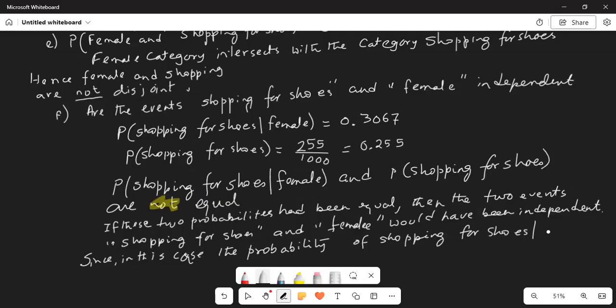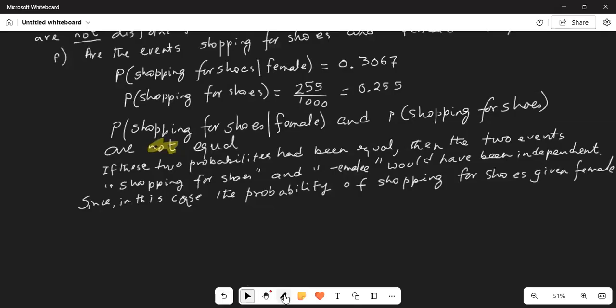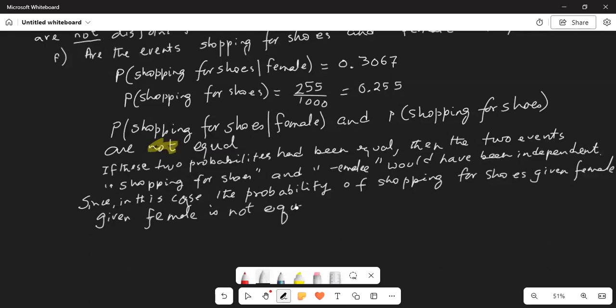Since in this case, let me write this down, the probability of shopping for shoes given female is not equal to the probability of shoes.